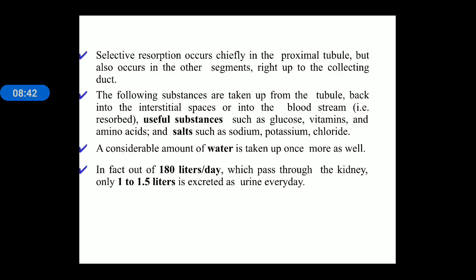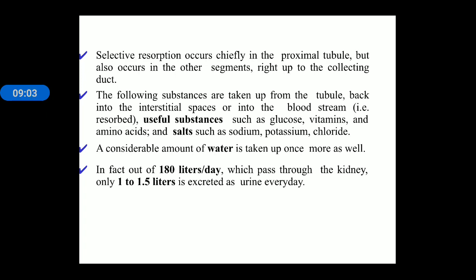Now, these are the theoretical parts. You can see here, I am just reading the points. Selective reabsorption occurs mainly in PCT, that is proximal tubule, but also in other segments till collecting duct.